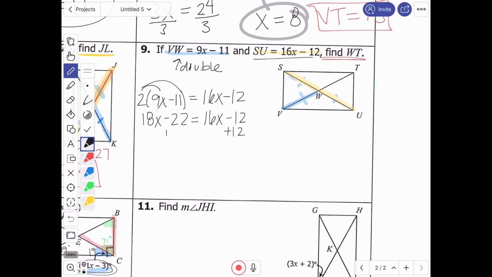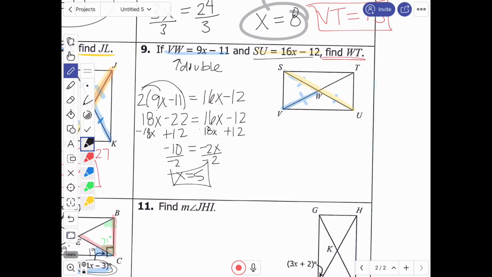Add 12 to both sides, and I get negative 10 equals, if I subtract 18x, sorry guys, negative 2x, divide by negative 2, and x equals 5. Okay, so if you got x equals 5, you're good.